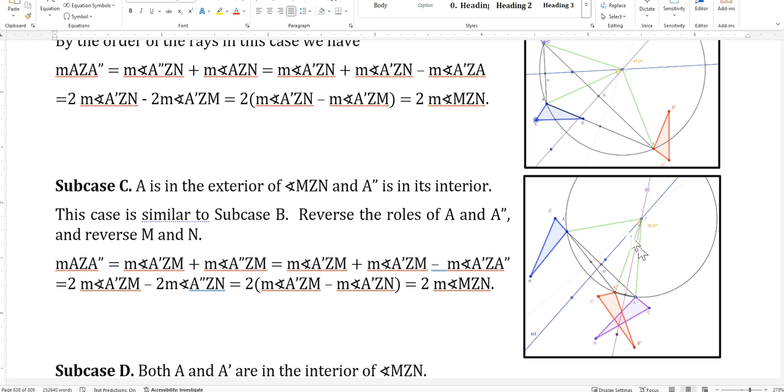Actually, we want to know what angle that is. It's not necessarily bisected by that one. Okay, so let's see what we've got.